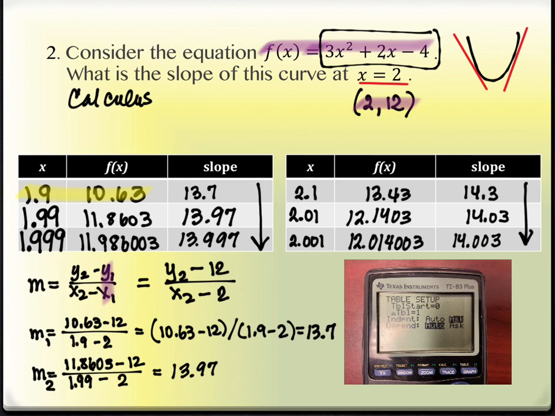What value do each of them, because these happen to match, appear to get close to? What value is my slope getting close to? 14, right? It's 14. So each of these are getting close to the same slope value of 14. So up here, we would say that we expect that the slope is 14.